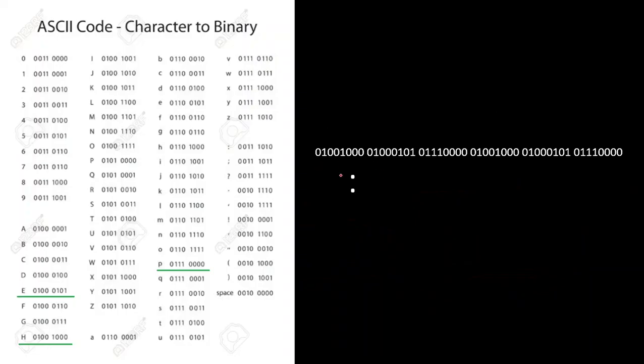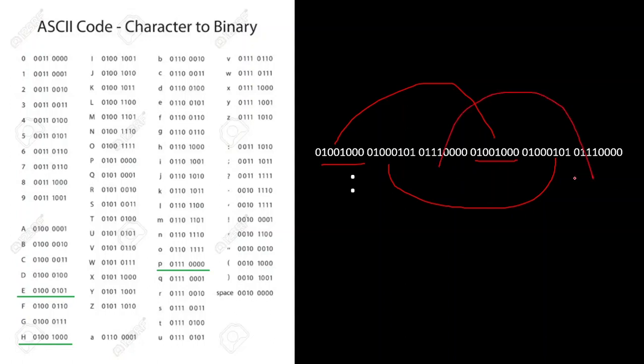So I'm just going to recall it. This is the same as this, this is the same as this, and this is the same as this. I'm just gonna remove that so that it doesn't look cluttered.